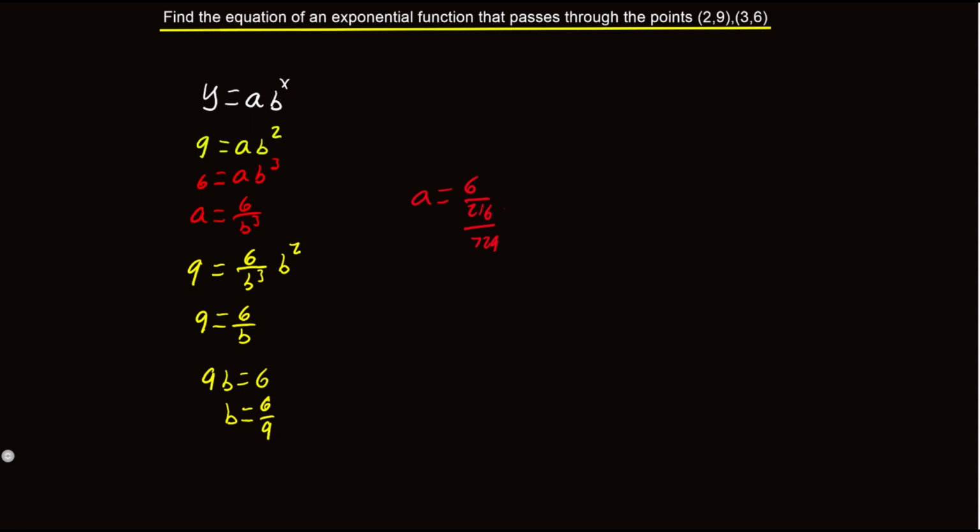So if we divide 216 by 6, we get 36. And 6 divided by 6 equals 1. So we have 729 divided by 36.